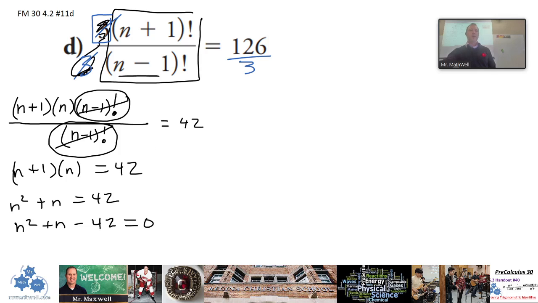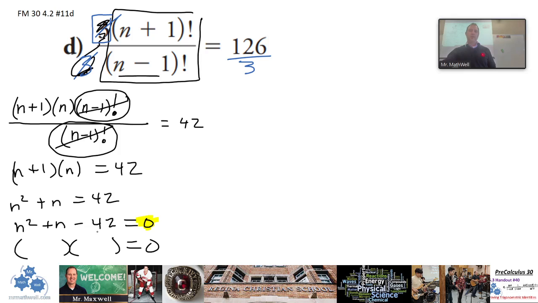And please remember, you have to have the equals 0 over here on the right side in order for the zero product principle to work or for the quadratic equation to work. So the zero product principle says that we need to try and write this trinomial into factors, 2 binomials. What we're looking for is 2 numbers that multiply to negative 42 and add to positive 1.